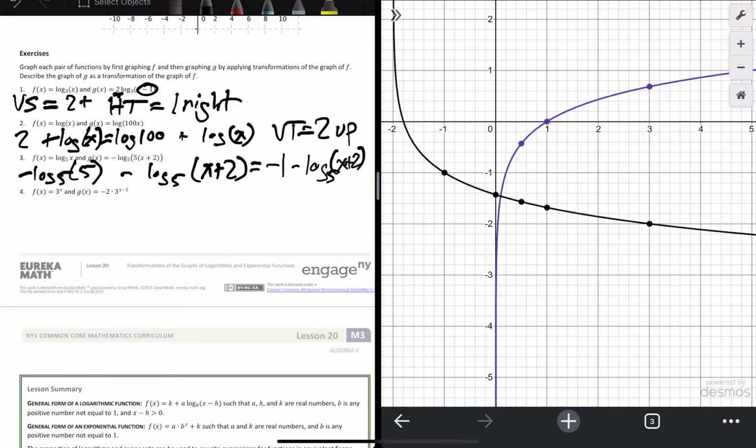All right, so now we're having to deal with some negatives here. So let's talk about that. All right, let's deal with this 2 right here. That's a horizontal translation. It's a positive 2, which means it's actually a -2. So that'd be 2 to the left. Okay.